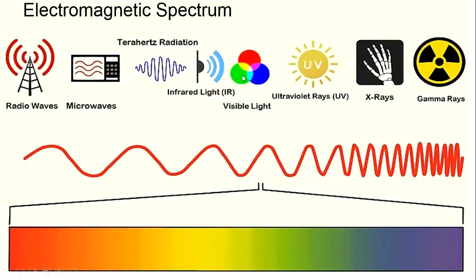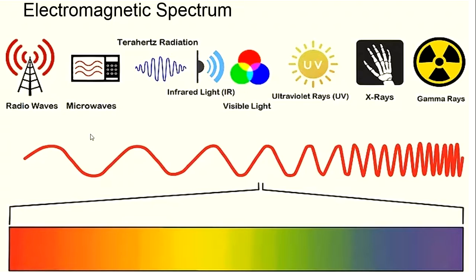Apart from visible light, there are other electromagnetic radiations which we cannot see. They differ in wavelengths and energy. Together they make up the electromagnetic spectrum. So this is the electromagnetic spectrum.